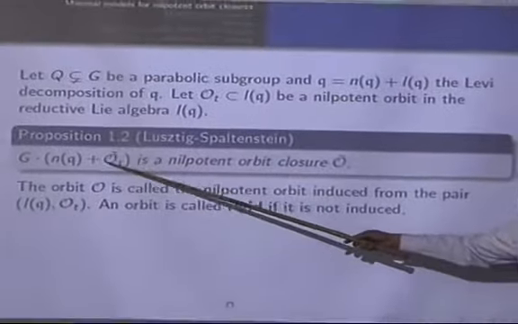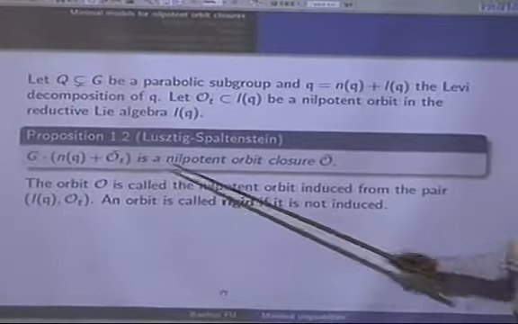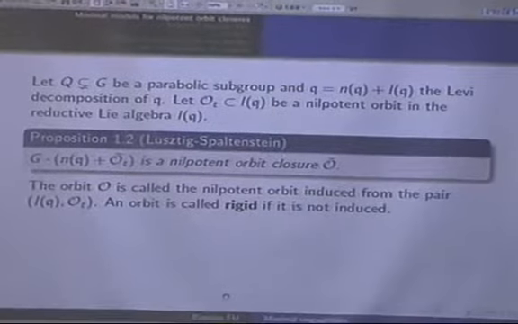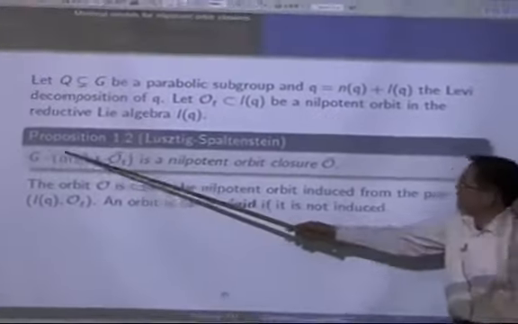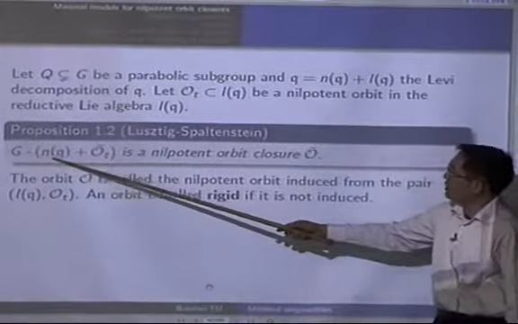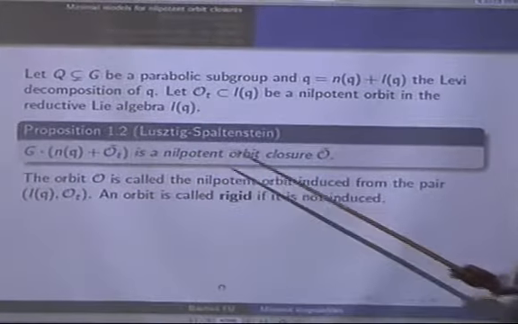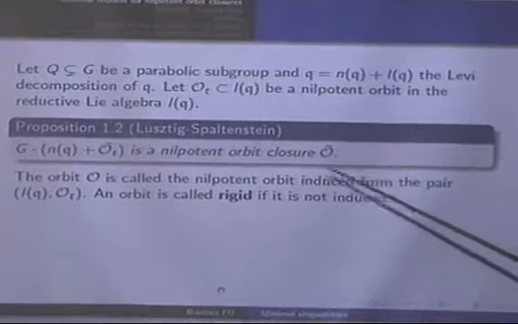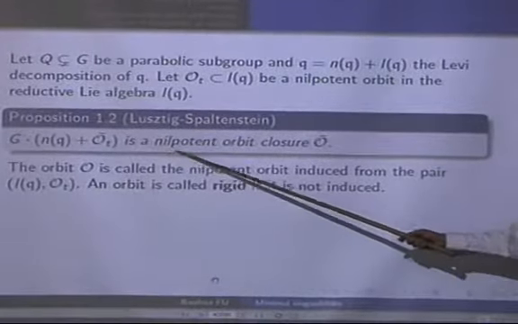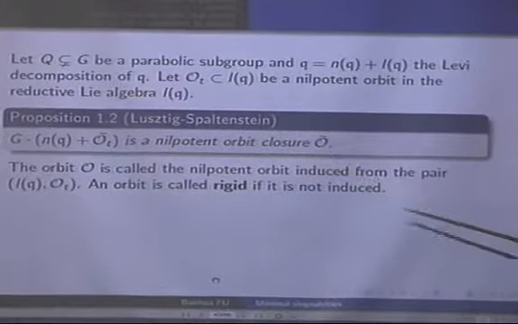This is a nilpotent orbit for the small group L_Q, not for the whole group. So when you act on this, a priori, this is not a nilpotent orbit closure. However, in this case it can be shown, by Lusztig and Spaltenstein, that this is always a nilpotent orbit closure, O bar.